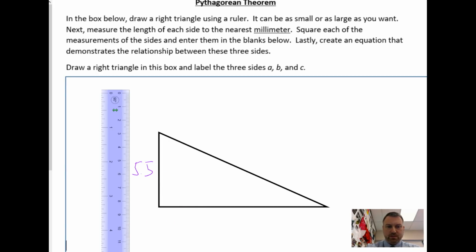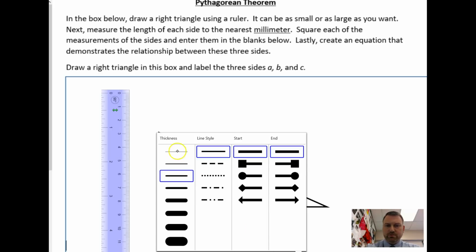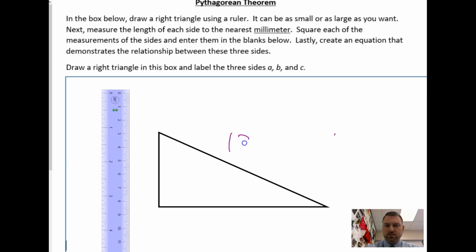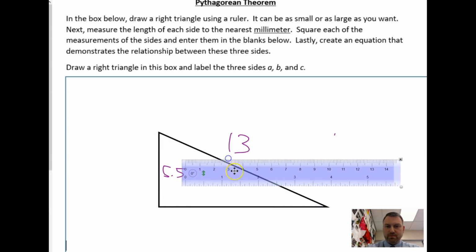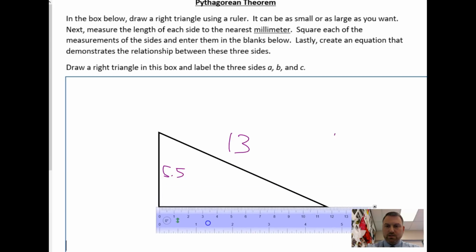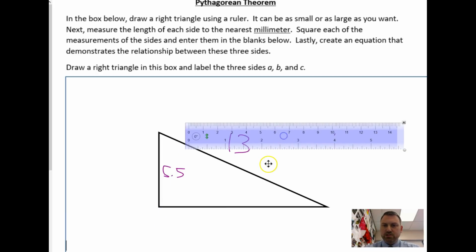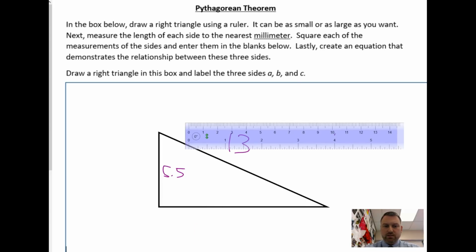I'll show you. This was 13, and this was 5.5. Now I need to measure this side down here. I'm going to call that 11.9. So be as close as you can.